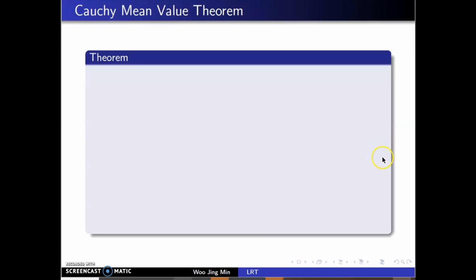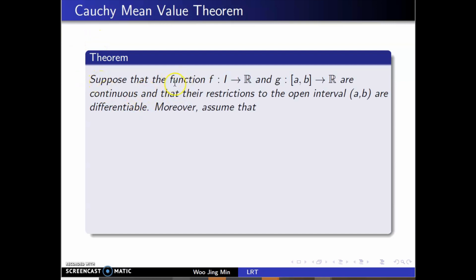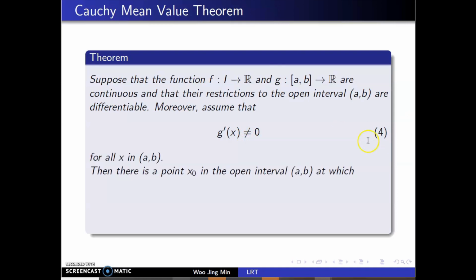Namely the Cauchy mean value theorem, which states for us very clearly: suppose that the functions f and g mapping the closed interval a b to R are continuous, and that their restrictions to the open interval a b are differentiable. Moreover, assume that g prime of x does not equal 0 for all x in the open interval a b.